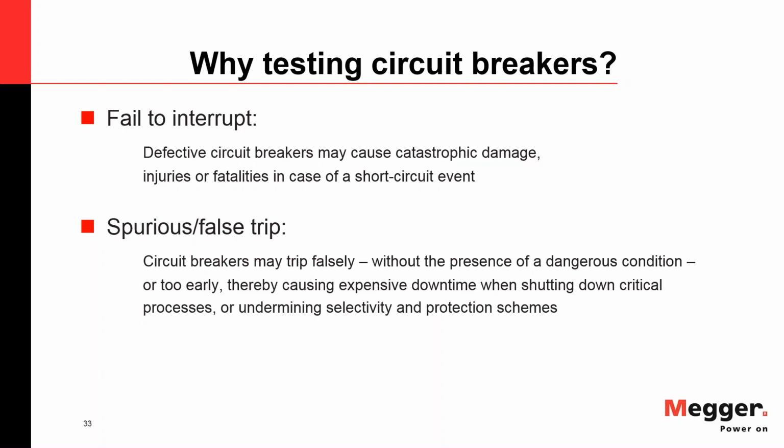So a fail to interrupt can be a potential disaster, but the opposite is also quite harmful to businesses. This is more of a business point of view. If a circuit breaker would see an overcurrent condition that is to a certain extent tolerable, acceptable, but it trips right away because of false coordination or whatever, it can be very costly.